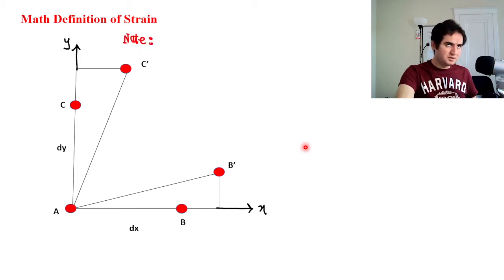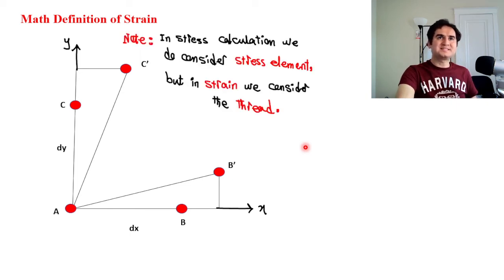So note, in a stress calculation, we do consider the stress element, but in a strain, we consider the thread. When we are calculating the stress, we would create or observe the element and its part. But what we do for a strain, we don't go for the element, we just go for the thread.